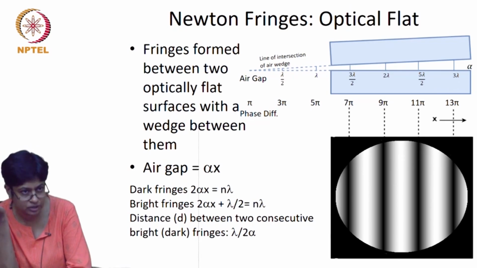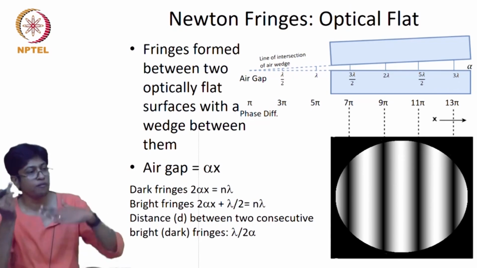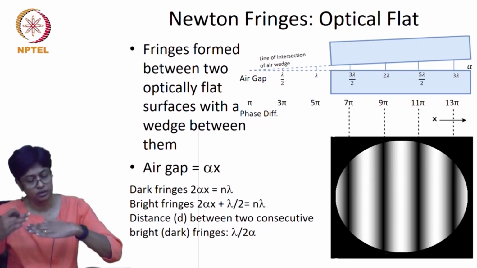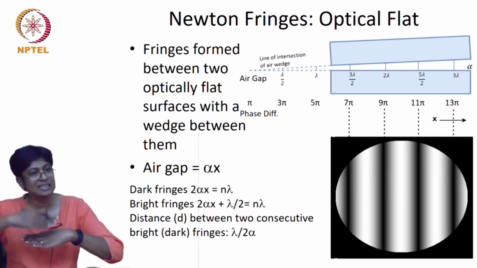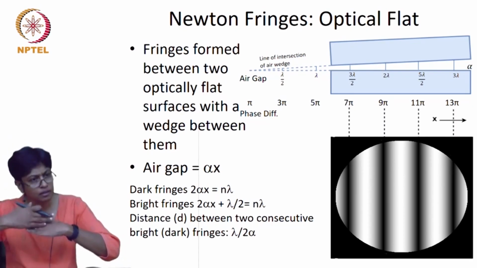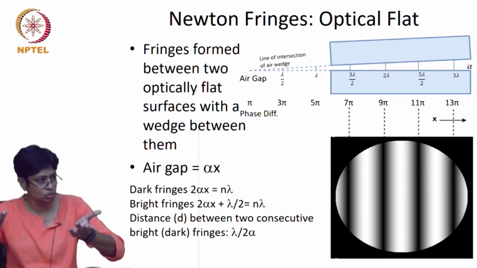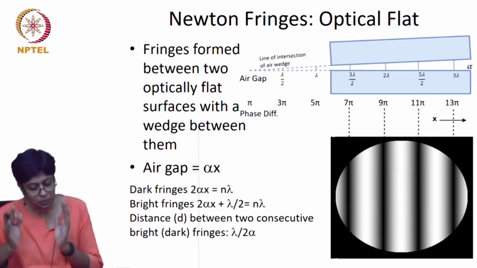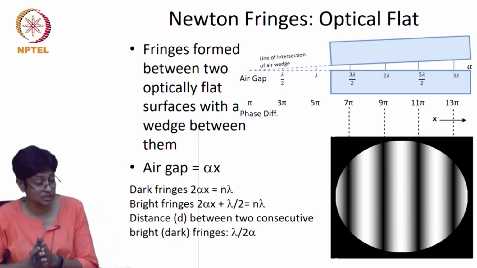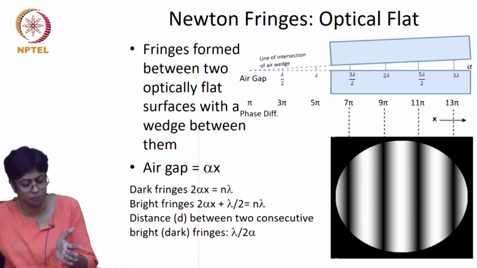Why straight line fringes? Because the wave coming off the reference flat is a plane wave, and the other wave is tilted, and you have these two waves interfering, right? So, you will have straight line fringes. There is a linear change in the optical path length.